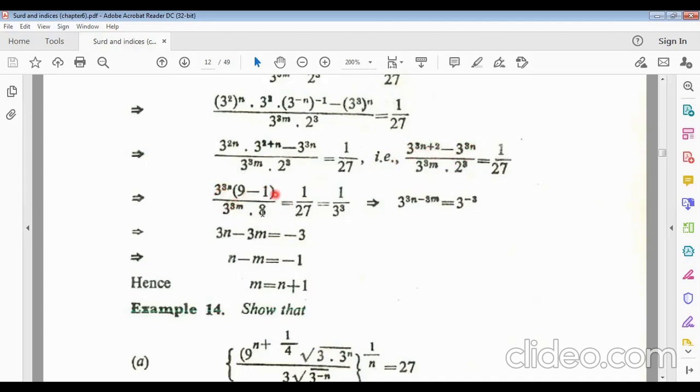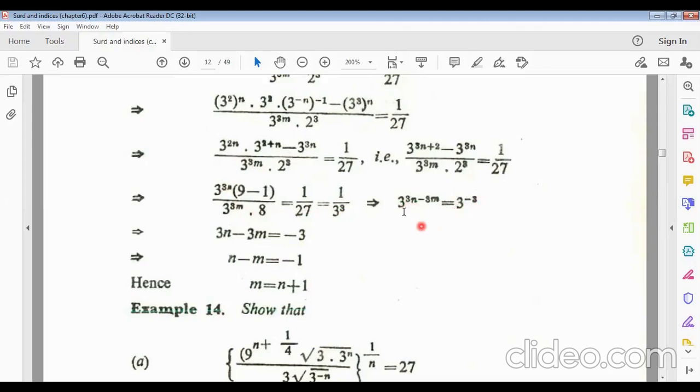So taking 3 to the power thrice n common, 9 minus 1, and 2 cube means what? 8. So 3 to the power thrice n, 3 to the power thrice m, and 1 by 27 means 1 by 3 cube. So 8 will be cancelled and 3 will be the same base. This is why thrice n minus thrice m, the power sign will be changed, and 1 by 3 cube means 3 to the power minus 3.